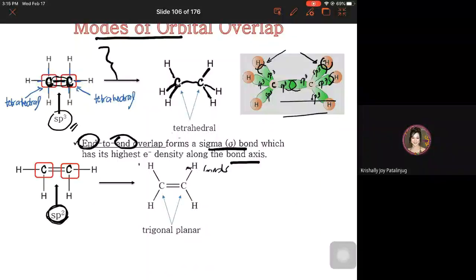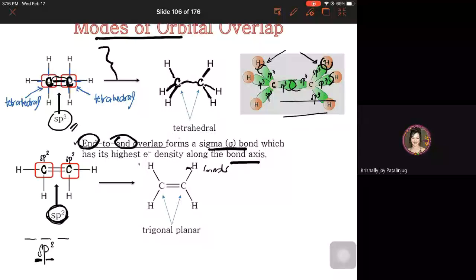So, itong carbon na to, meron siyang tatlong sp2 hybrid orbitals. Ito din, merong tatlong sp2 hybrid orbitals. Take note ha, kapag sp2, tatlo yung orbitals na yan, kasi nag-mix ka ng isang s, dalawang p. So, dalawa plus isa, tatlo.